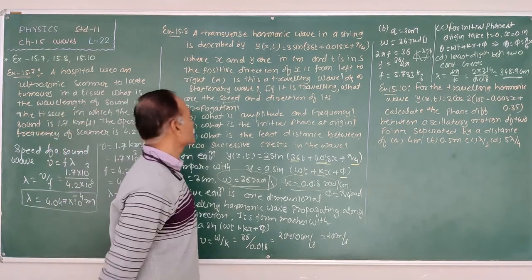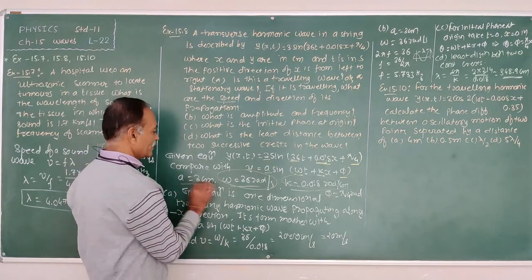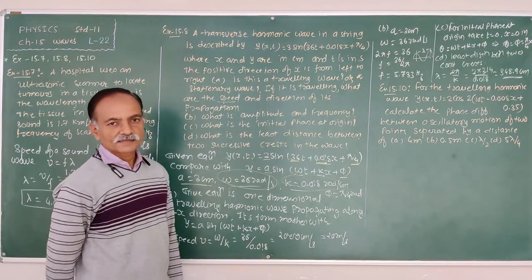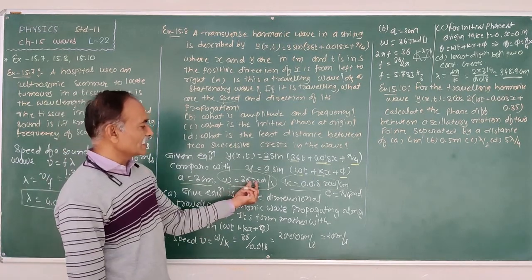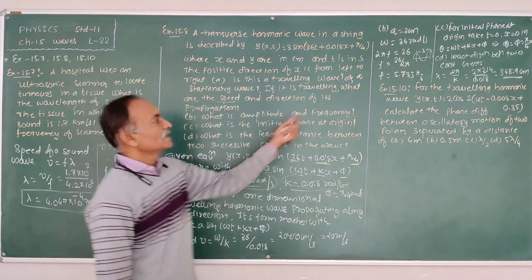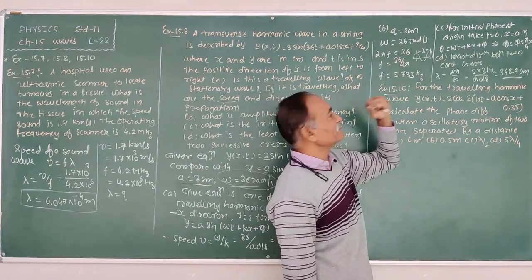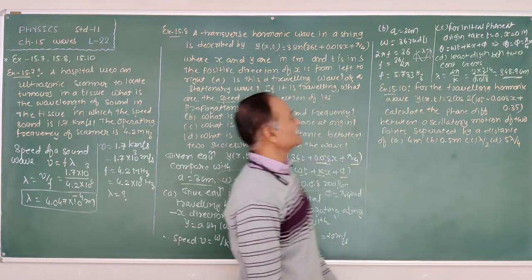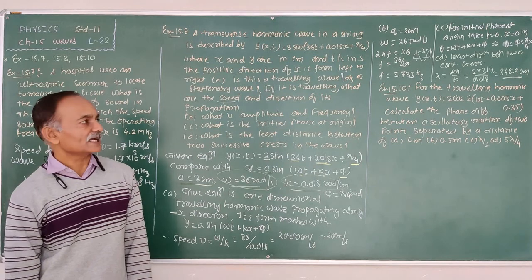Now next, what is the amplitude and frequency? Already we found the amplitude is 3 centimeter. We have to find out the frequency. We know omega is equal to 36 radian per second. Omega is equal to 2 pi f, so 2 pi f is equal to 36. Therefore f is equal to 36 upon 2 pi, which is 5.733 hertz or second inverse.